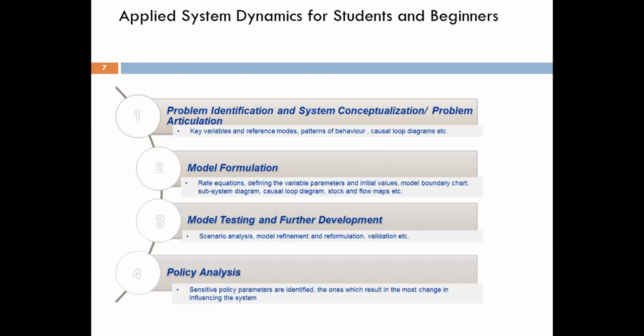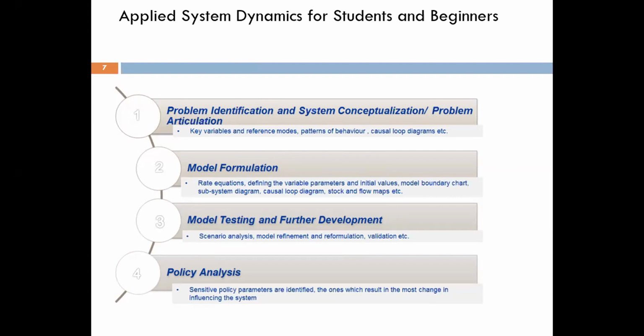In step 2, this is largely around model formulation. So when it comes to model formulation, you would then try and establish your rate equations, define your variable parameters, do your initialization. Sometimes your model boundary chart is developed together with subsystem diagrams. And some people actually then include the causal loop diagram in step 2.